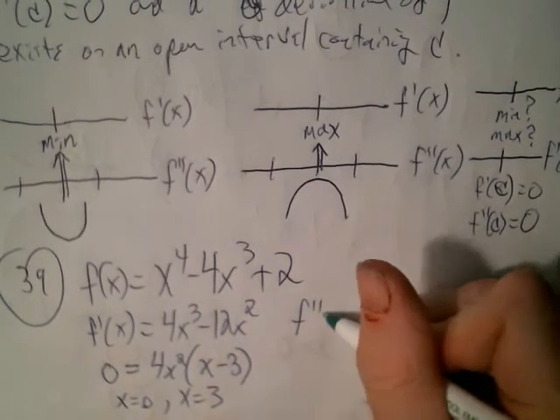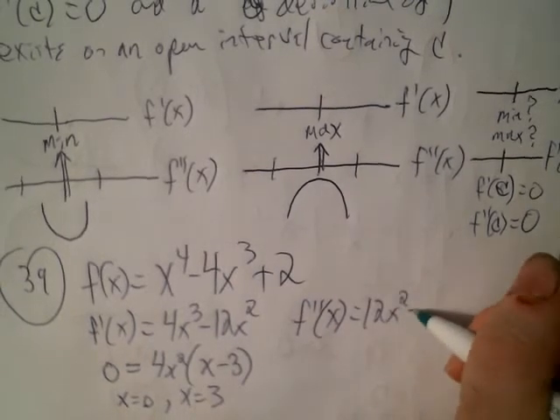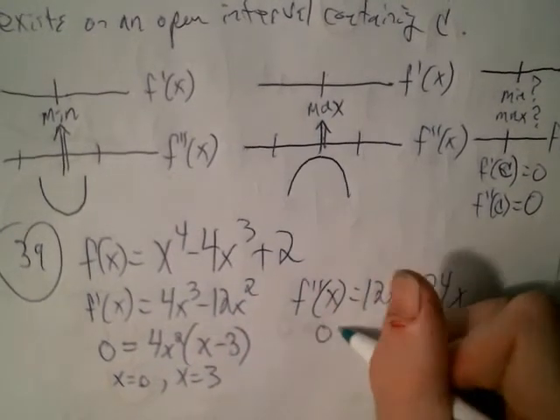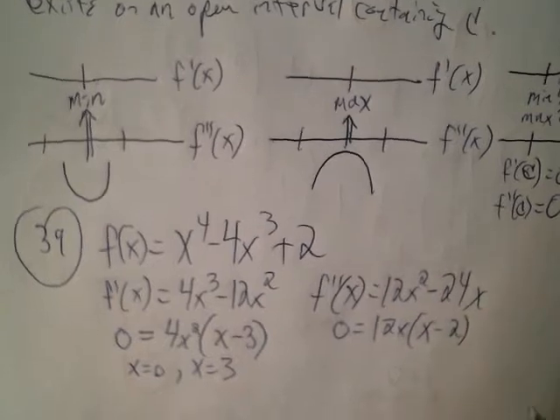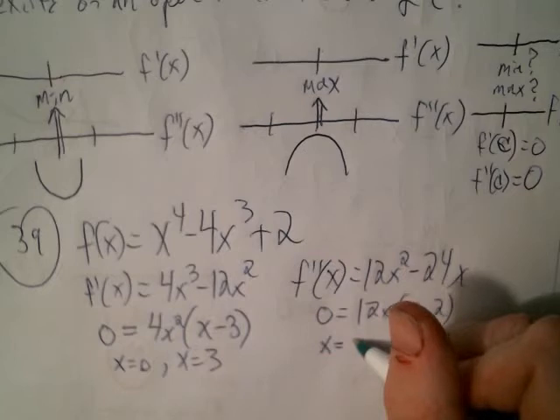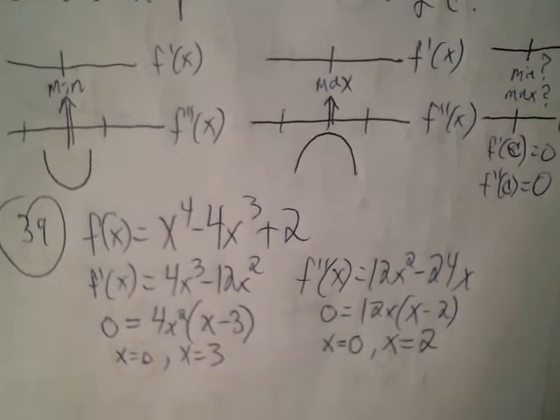The second derivative, f double prime of x, will be 12x squared minus 24x. Set that equal to 0 and factor, so I got 12x times x minus 2. So again, I got a potential inflection point at x equals 0, and then an inflection point at x equals 2.